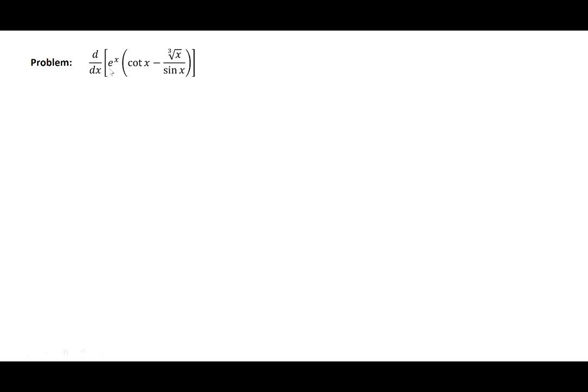So first function times the derivative of the second function plus second function times the derivative of the first function. That's what I need to do. And in this step, that's precisely what I did.